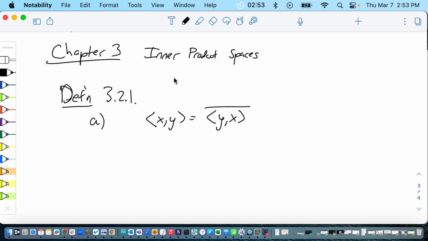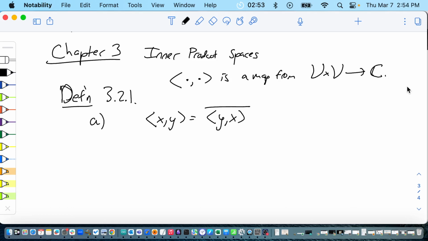So more technically, the inner product is a map from V cross V to C. You take two vectors, you do their inner product, you get some complex valued thing. And these are the properties it has to satisfy.